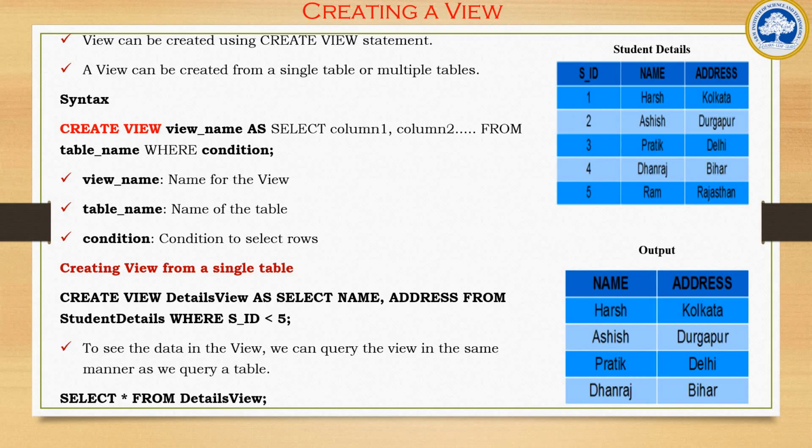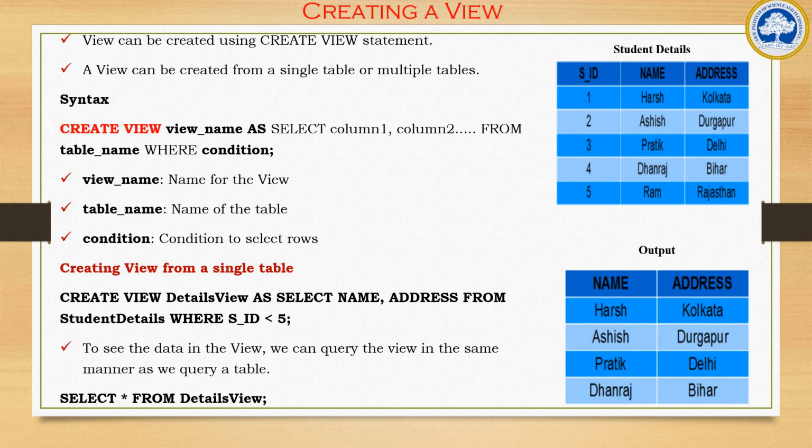SELECT how many columns we want, column 1, column 2, like that. FROM which table, you mention the table name. If we are applying any conditions, we can use the WHERE condition. Otherwise, if we give the entire column as it is, it will be created as a view.